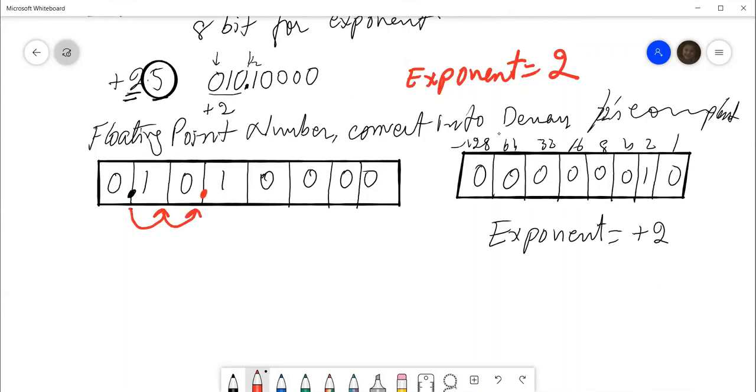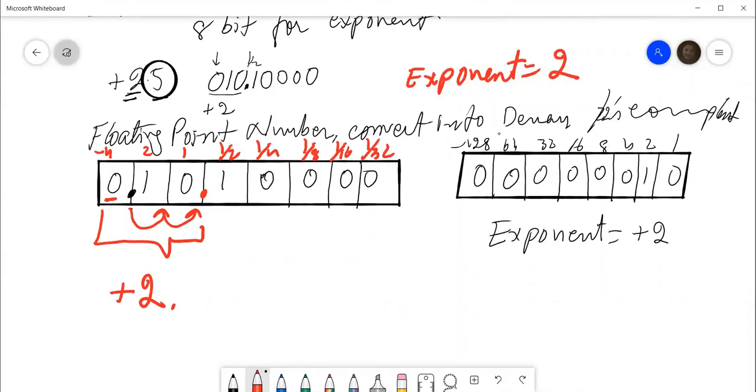Now I'm left with 1 over 2, 1 over 4, 1 over 8, 1 over 16, 1 over 32. And here I'm left with 1, 2, and minus 4. So this is my integer value that is representing 2 because this is 0, so it is a plus sign over here.